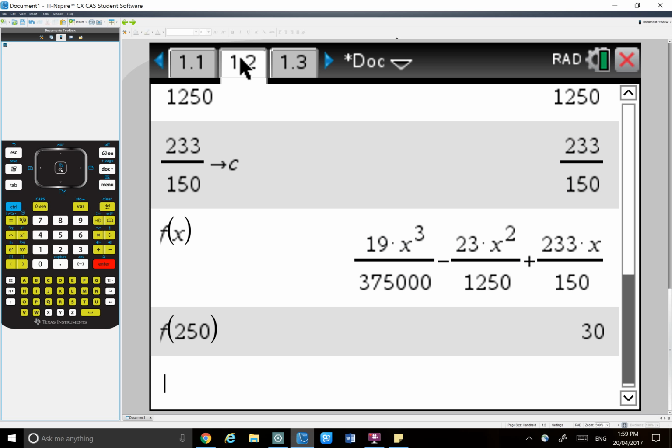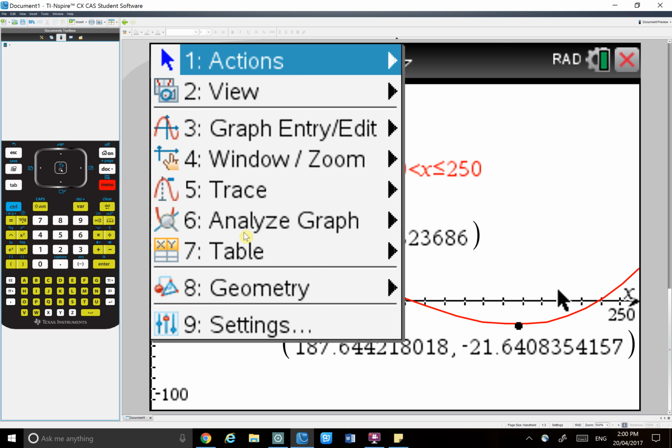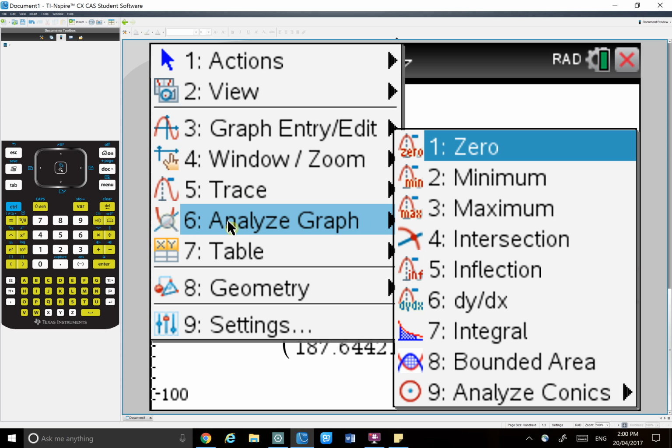Back to the calculator. If you're trying to find this x-intercept and that x-intercept, you need to go Menu number 6, number 0, number 1.